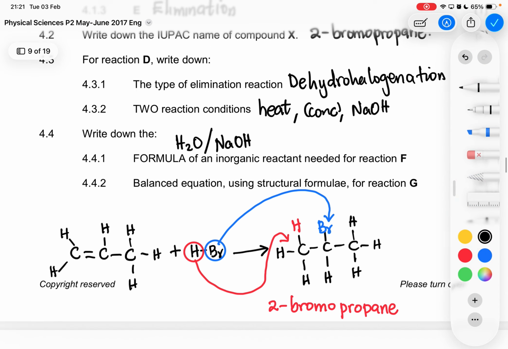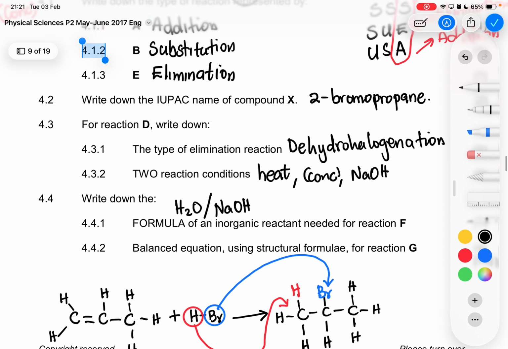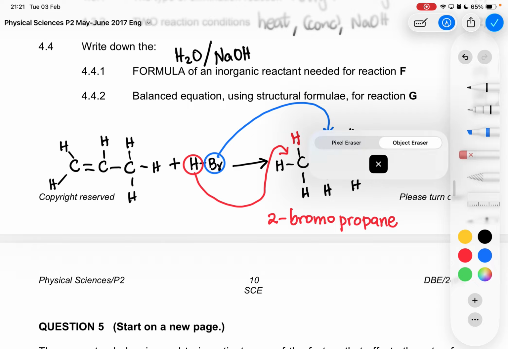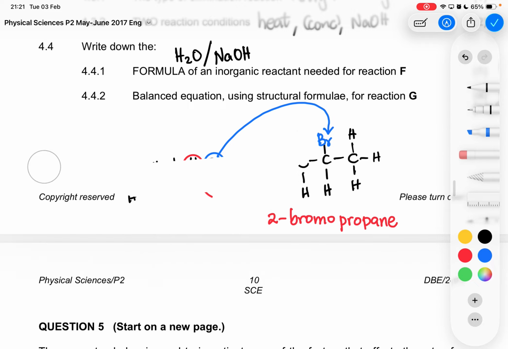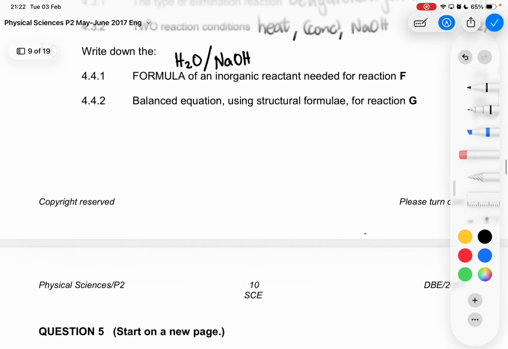Right. So for reaction G, an alcohol to a haloalkane. Remember, compound Y is a haloalkane. So I'm going to erase this one. My network on my side is kind of shaking, but it's fine. I'll proceed here.